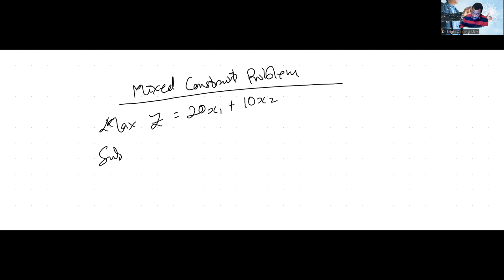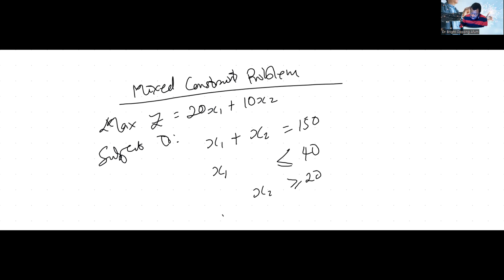And this function is subject to x1 plus x2 is equal to 150, x1 is less than or equal to 40, and x2 is greater than or equal to 20, and as usual, x1, x2 are greater than or equal to 0. That is, they satisfy the non-negativity rule, right?